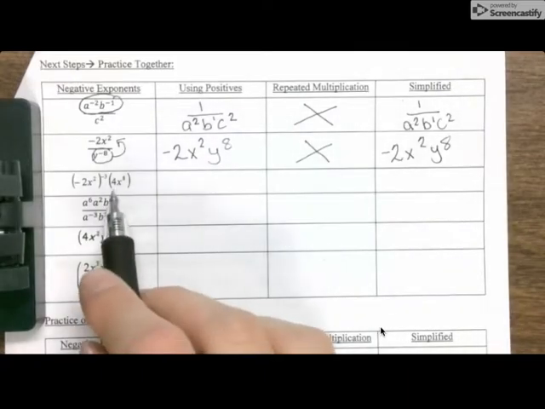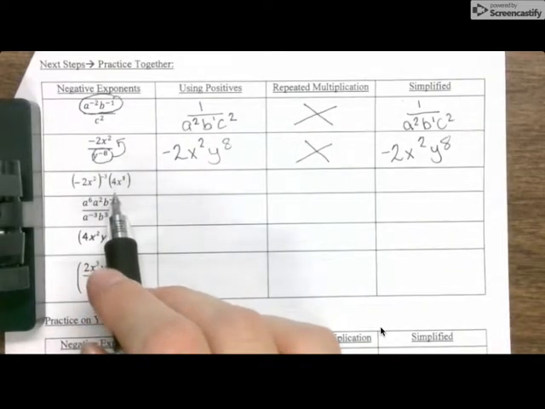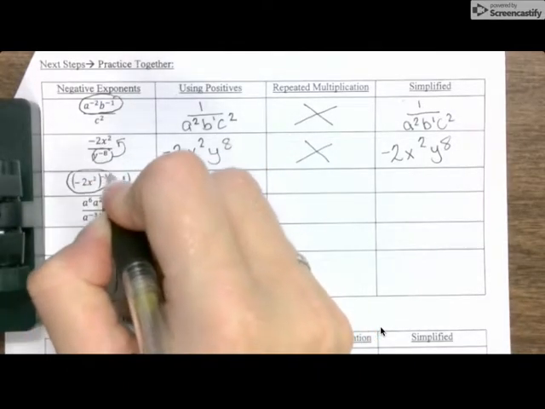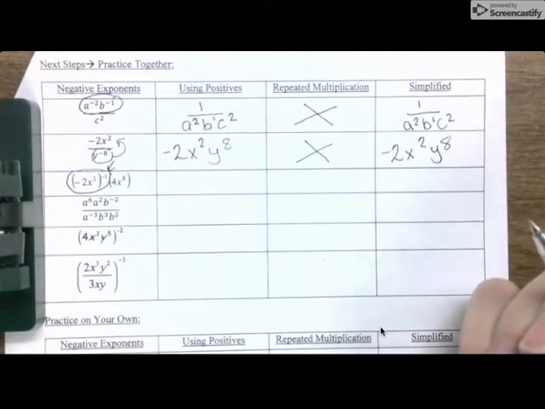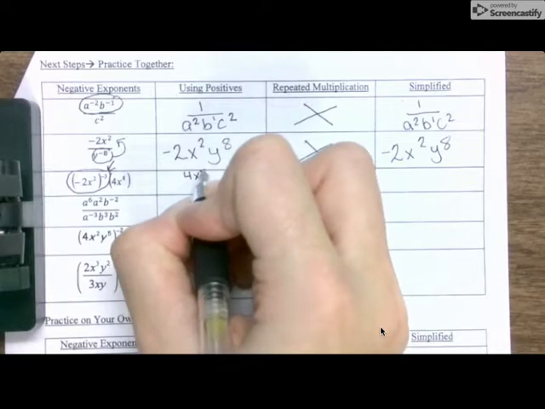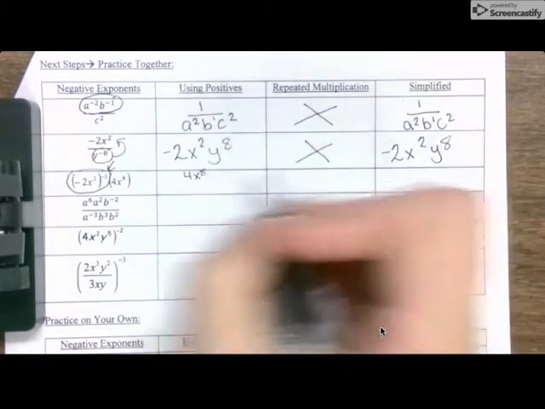Now for this one. This has got a lot going on, right? So this right here, that's where that negative is. So my 4x to the 8th stays on top.